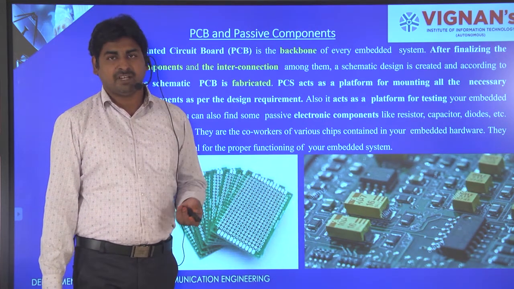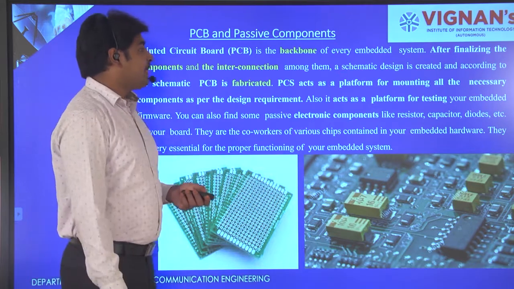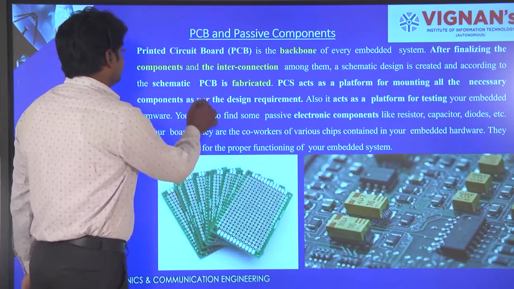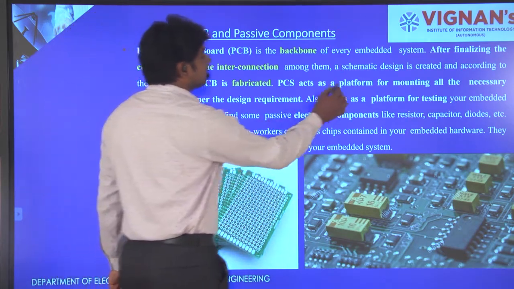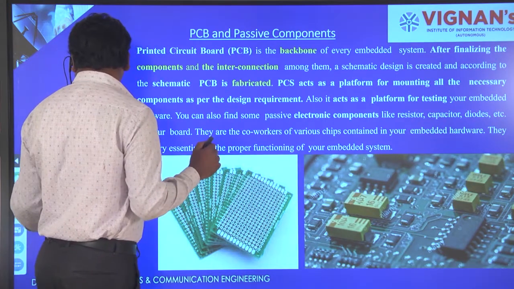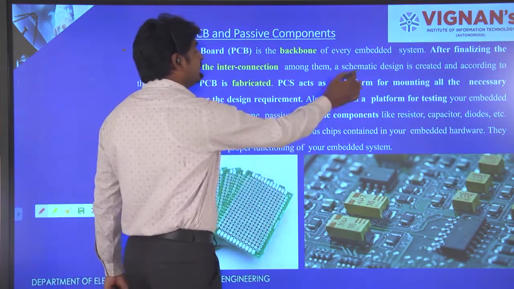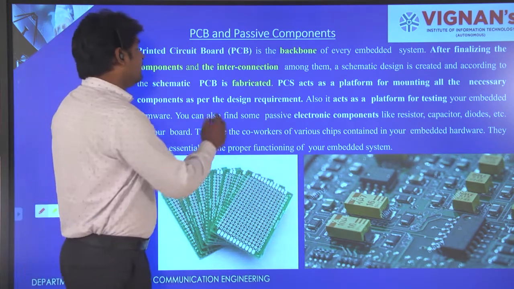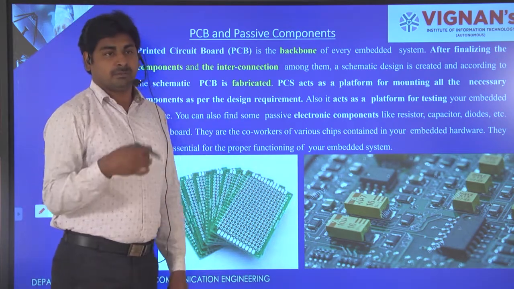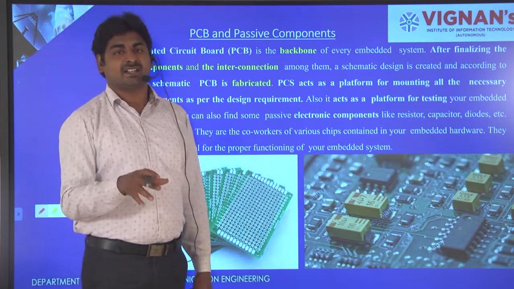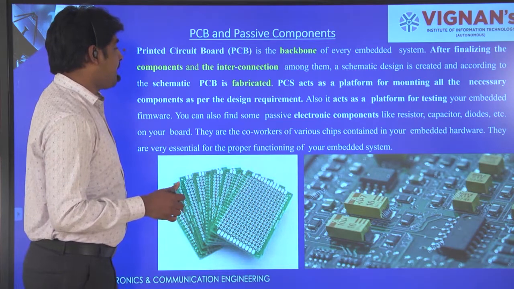Once we finish the device connections, the next step is to prepare the schematic, and depending upon the schematic, the PCB board is designed. Later, once the PCB is designed, the components are placed on that PCB and the interconnections are made.